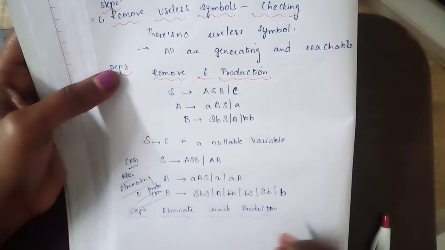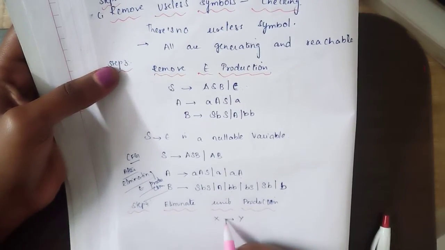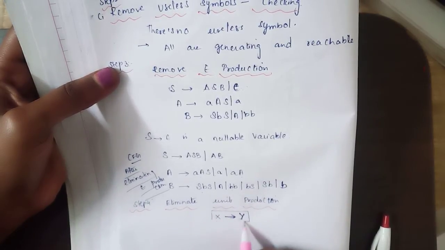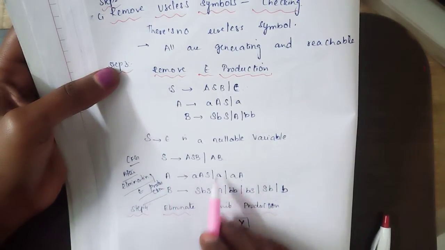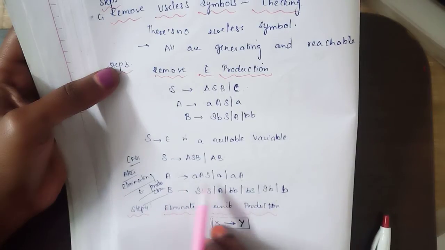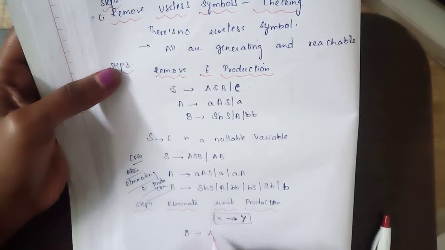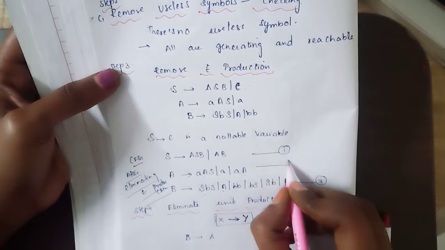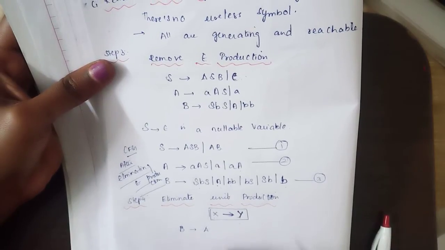Generally the unit production is in the form of X tends to Y. A single non-terminal tends to a single non-terminal, which is known as unit production. So we have to look at the form of the grammar in this CFG. Here we have B tends to A, in rule 3. So we have to eliminate this B tends to A, and for that we need to rewrite the grammar.